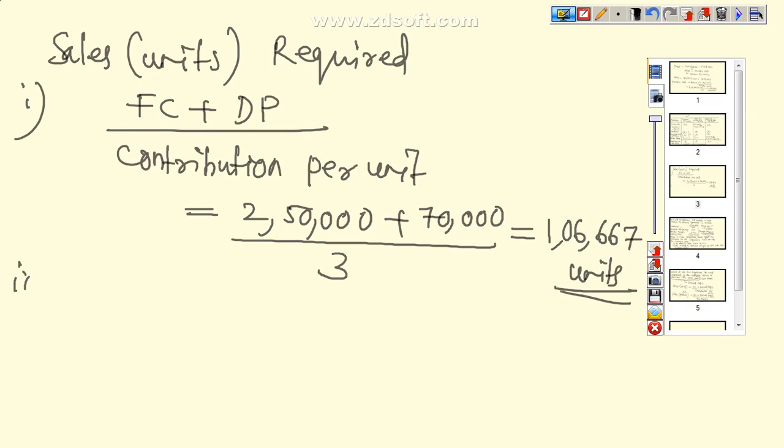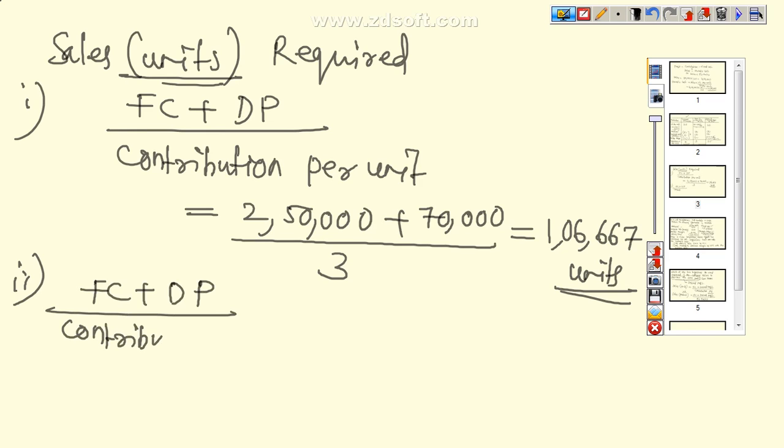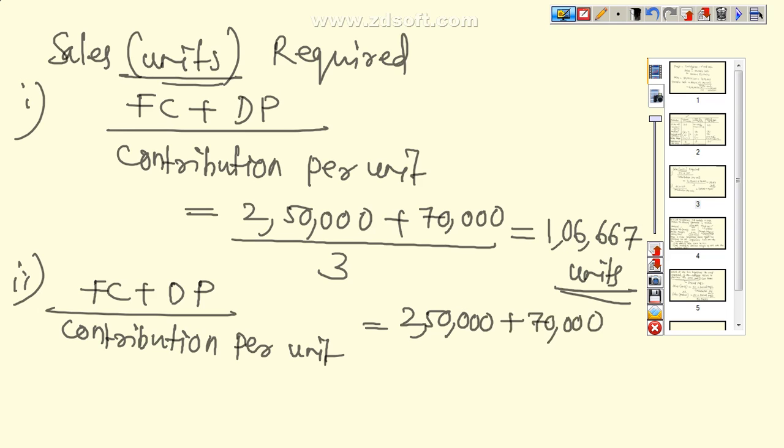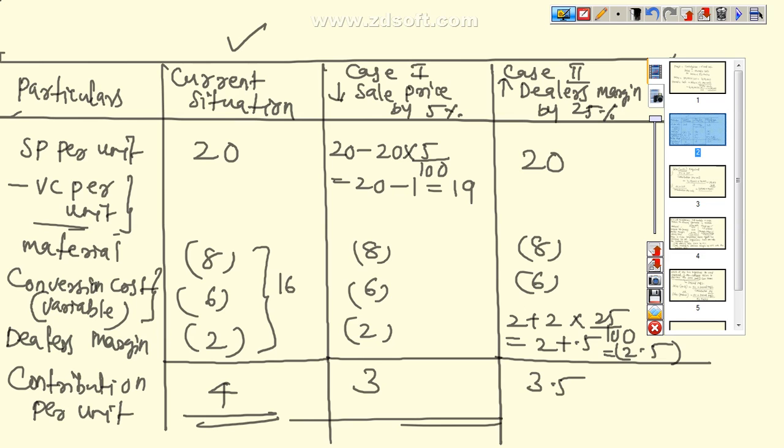Second case, again we apply the formula sales required, that is equal to fixed cost plus desired profit upon contribution per unit, that is equal to fixed cost is again the same 2,50,000 plus 70,000 upon contribution per unit of second case, which is equal to 3.5.